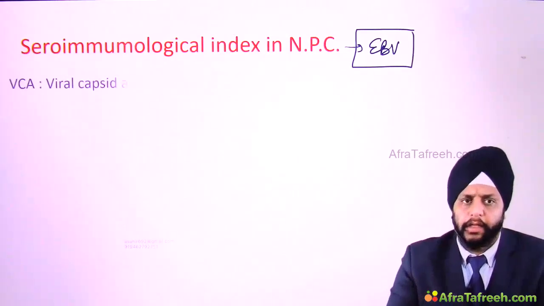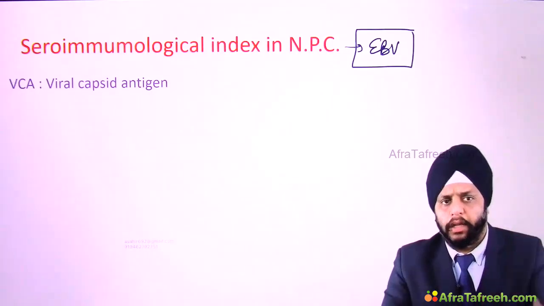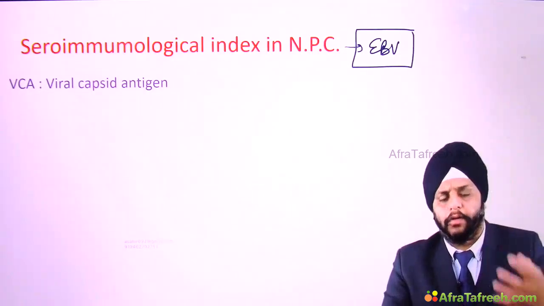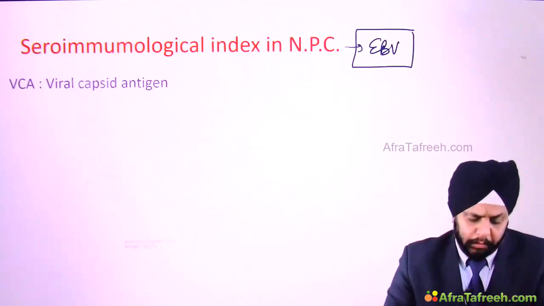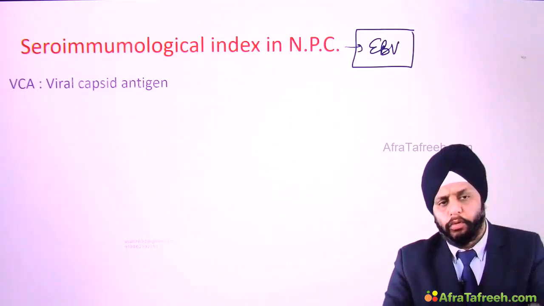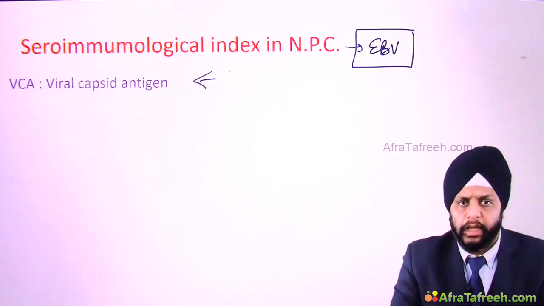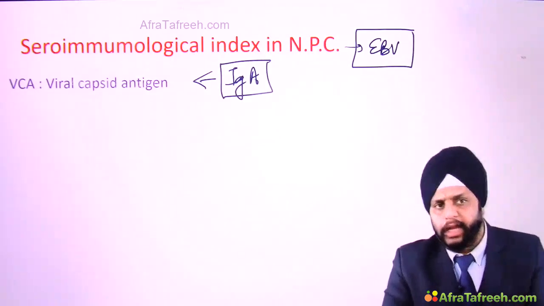Like in this case, we have an antigen on the capsid. That's known as viral capsid antigen. Now, against this antigen, our body produces an antibody. Now, this virus is in the nasopharynx, and in the mucosa, the antibody which is produced is an IgA antibody. Remember, in the mucosa, what we secrete is the IgA antibody.